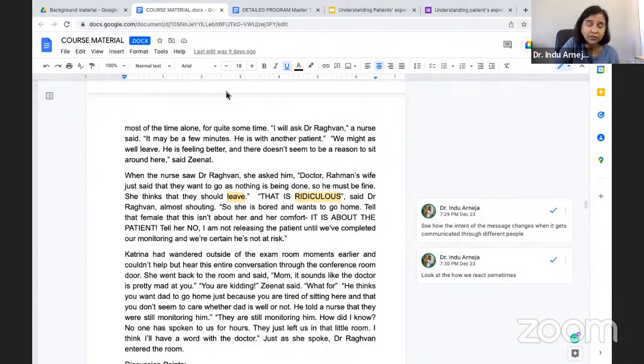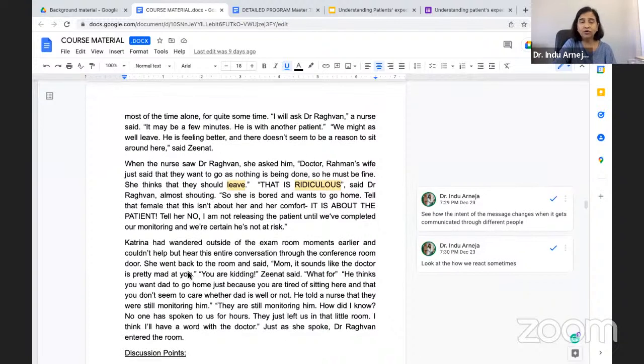A lot of time we do this; we add our own anger, our own understanding, our own interpretation to the message that complicates the situation. And then the second behavior was from the doctor, who became angry and aggressive, and he shouted, and the language that he used was not respectful for the patient's attendant. So these are a couple of things we unknowingly do, and we are not mindful. And that's something we really need to keep in mind when we are communicating with them.